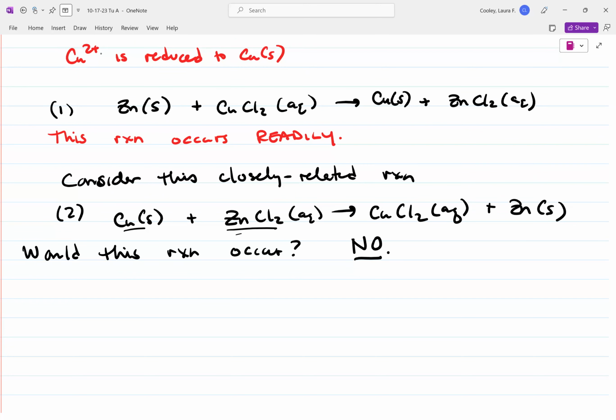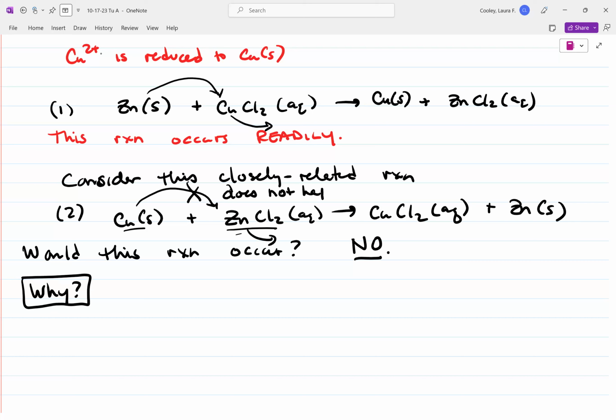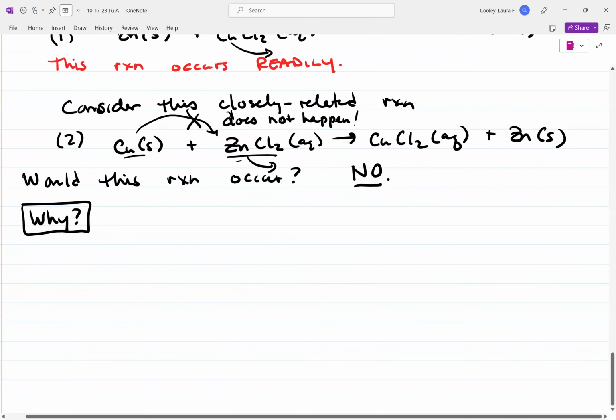So you might ask the question, why? Why is zinc able to replace copper, but copper cannot replace zinc? That will not happen. The reason for that is that metals are not all alike.